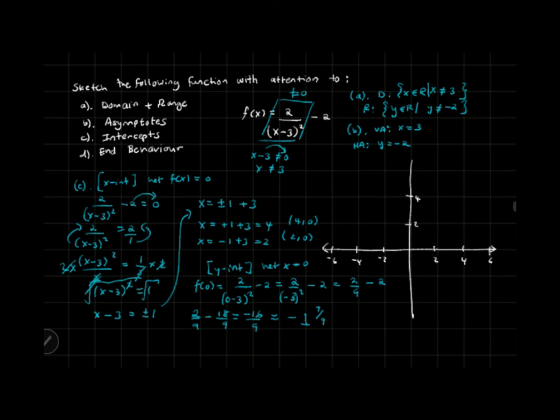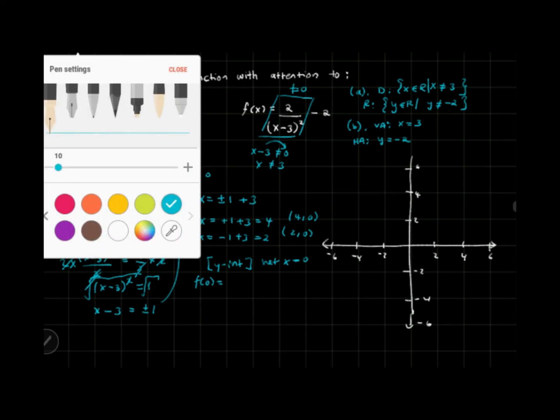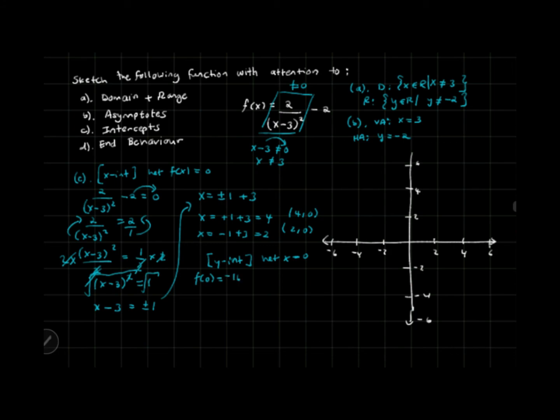I'm just going to go up by 2's here. You can create a much more appropriate scale. I'm going to get rid of some of these values, since we did the calculation already. We have negative 16 over 9 here, so I'm just going to rewrite it.